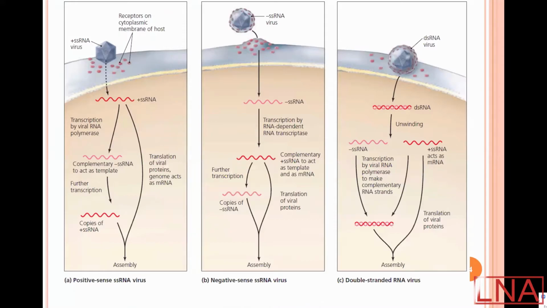So translation of viral proteins happens from this copy of positive RNA, and further transcription will make copies of negative ssRNA, which will be used for assembly together with viral proteins.